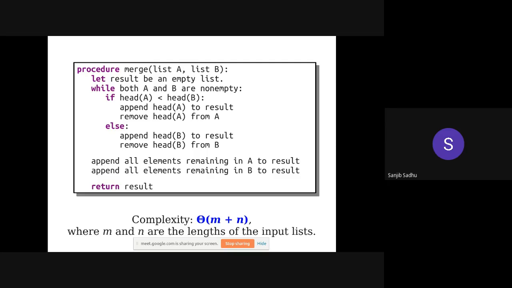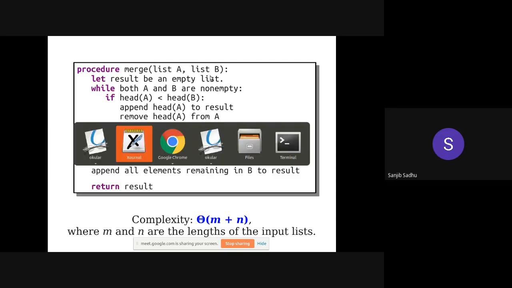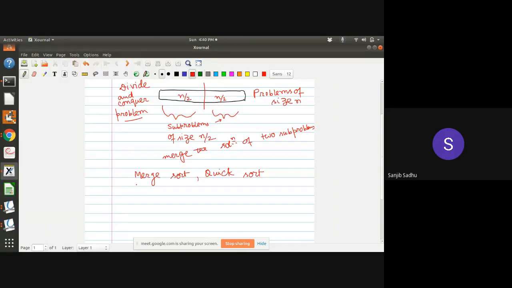One thing I forgot to ask you. If Tn is the time complexity to find out the sorting in case of merge sort or quick sort for n elements, then what we are doing here is subdividing the problem into two parts.